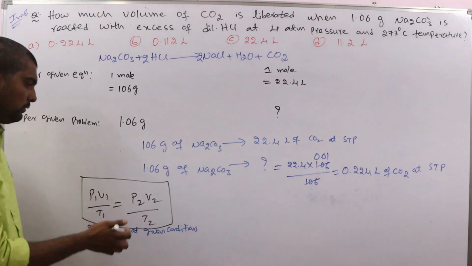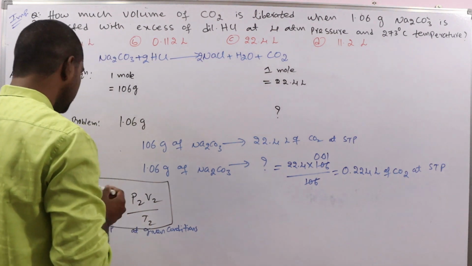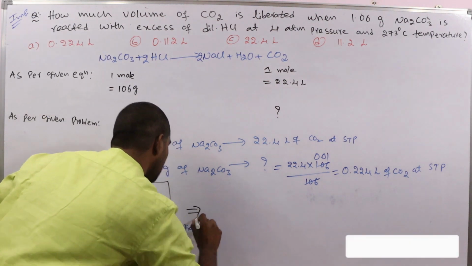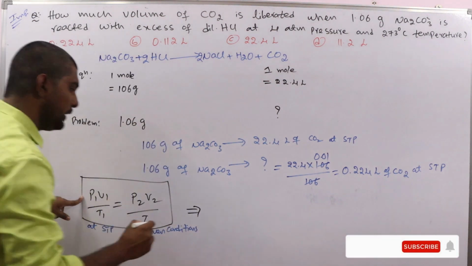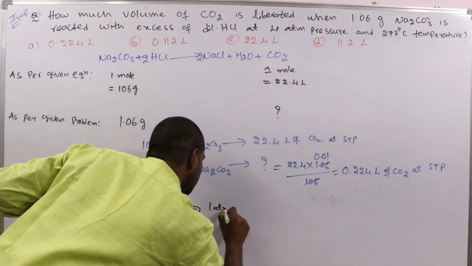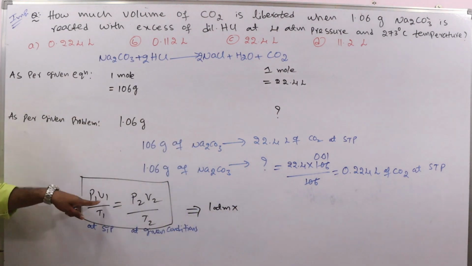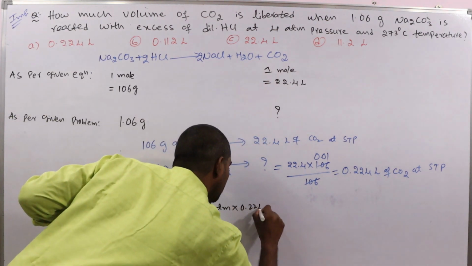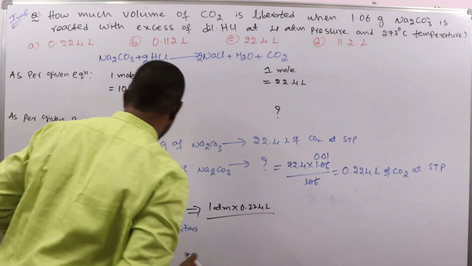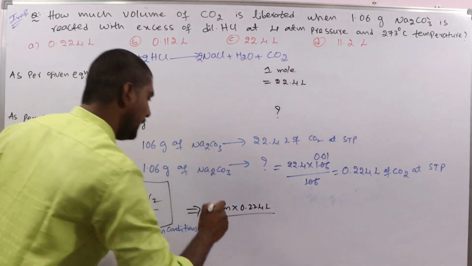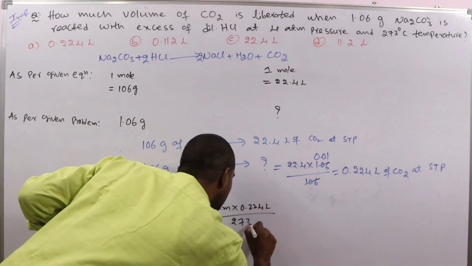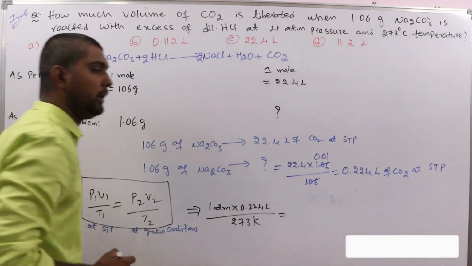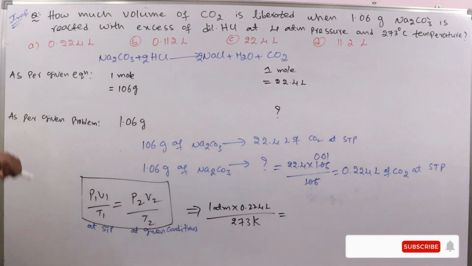Now if we substitute here, what is the pressure at STP conditions? 1 atmosphere, yes or no? And volume is 0.224 liter, and the temperature at STP is 273 Kelvin. Remember that temperature you should take in the Kelvin scale.